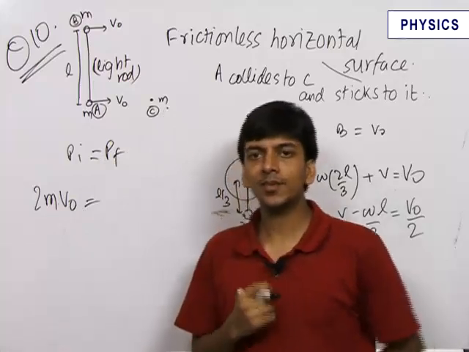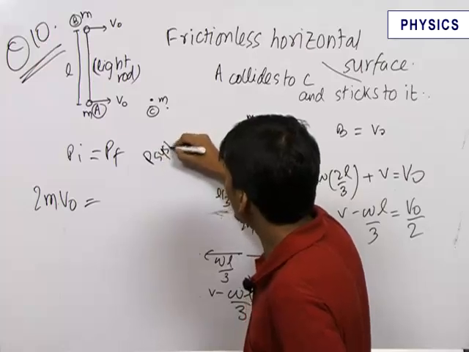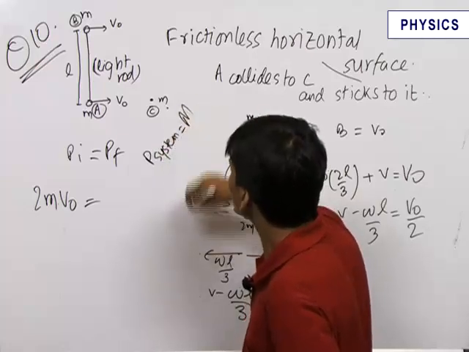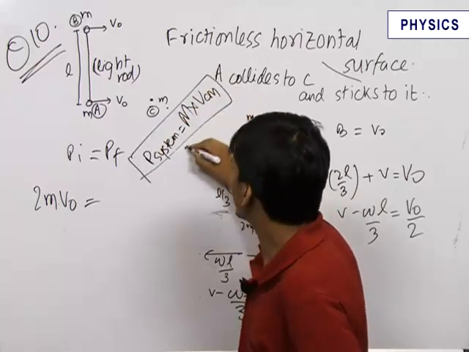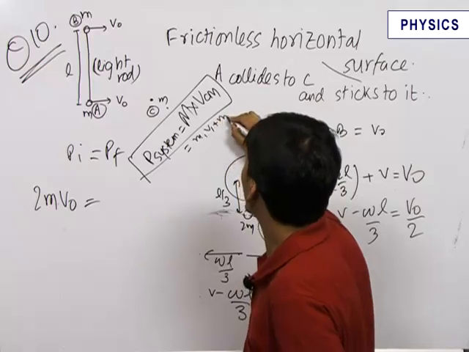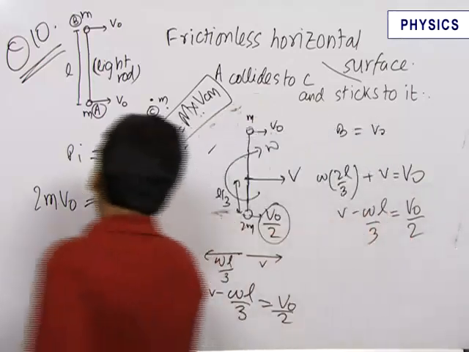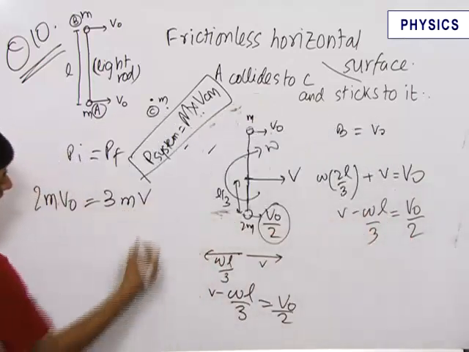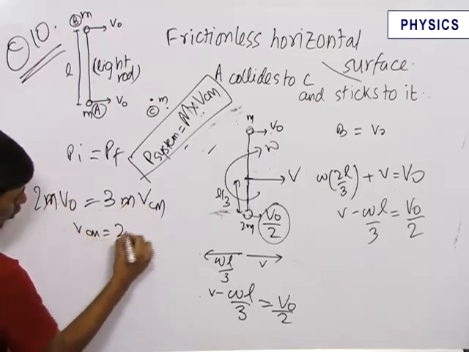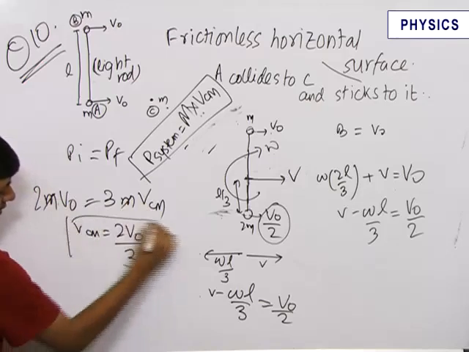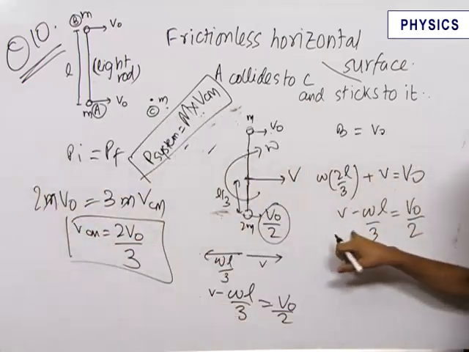Now the momentum of a system can always be written as total mass of the system into the velocity of the center of mass. This is equal to m1 v1 plus m2 v2. We generally use this formula and we forget the other formula. So this can be written as 3m into VCM. So VCM comes out to be 2v0 upon 3. So we get the answer for V directly. We could have got the same answer from here also.